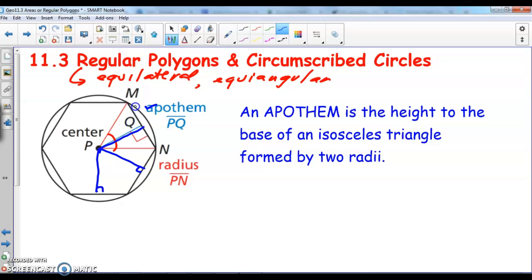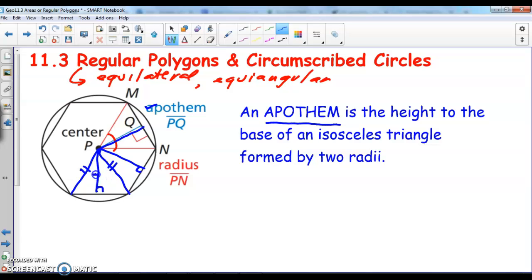So why do we study all these terms? Well, you need to know what an apothem is. It is the height of an isosceles triangle that is formed by two radii. As I have explained earlier, these are two radii. You're forming an isosceles triangle, right?